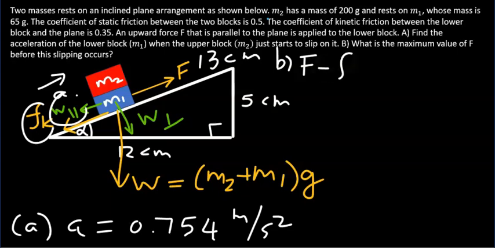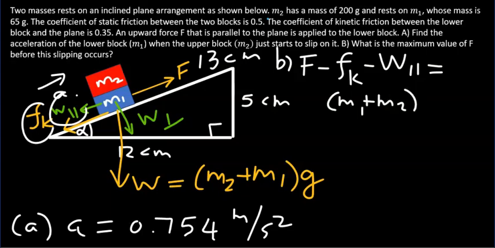So let's subtract those two from capital F: F minus F sub K minus W parallel. And this is the net force, and according to Newton's second law, net force equals MA. Now M is the sum, M1 plus M2, times the acceleration that we have found in part A.